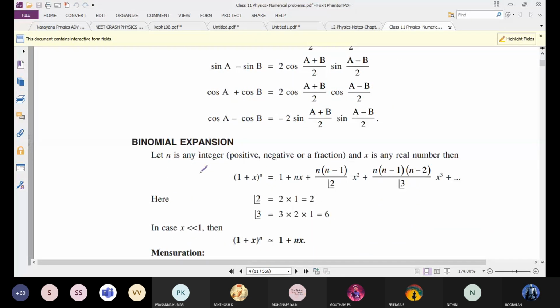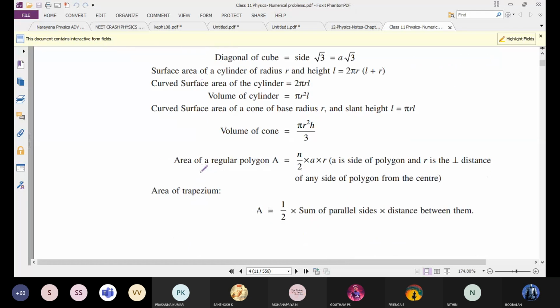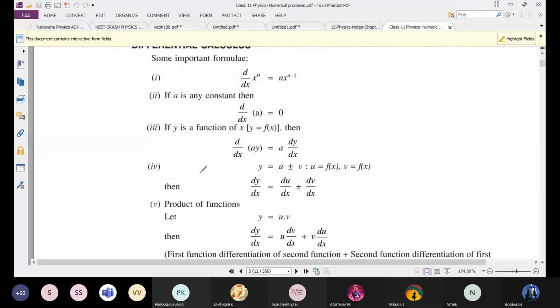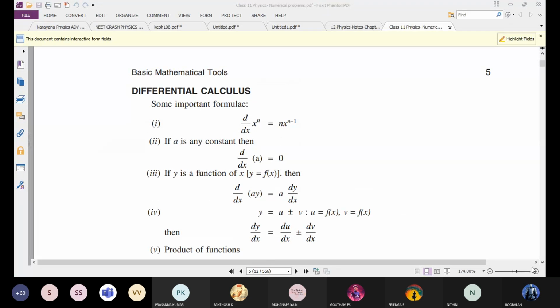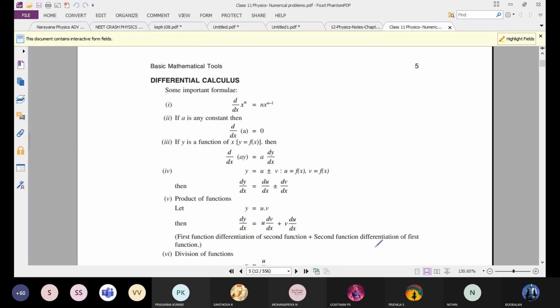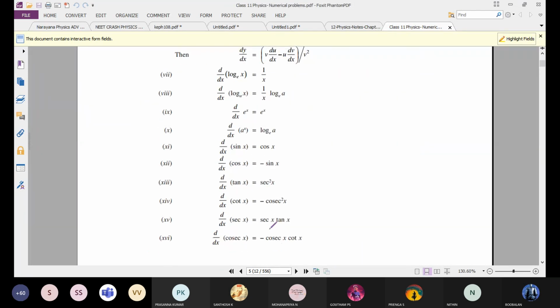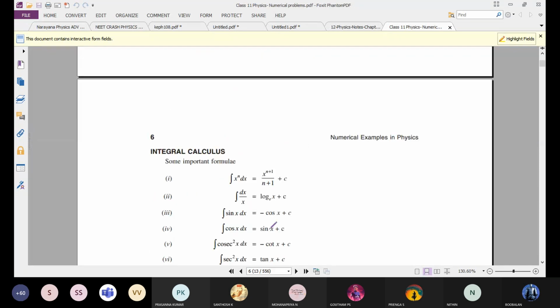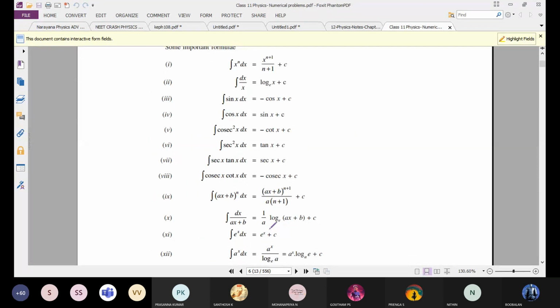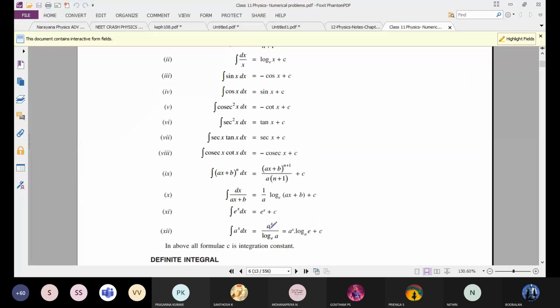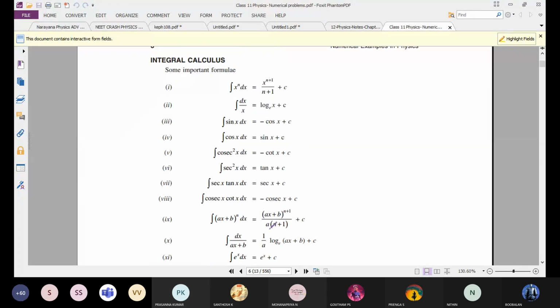The integral and the differentiation. So integral calculation formulas.